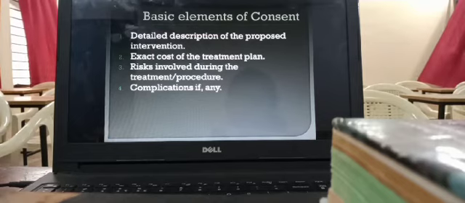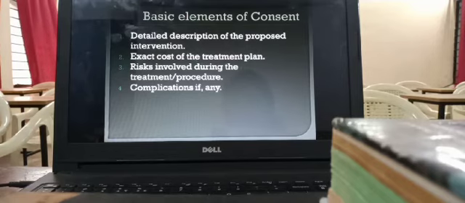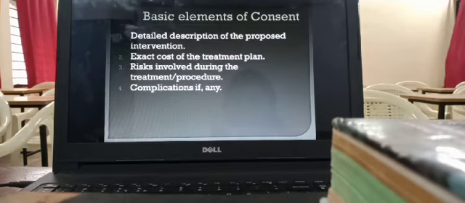Fourth, complications, if any. For example, a patient with a fracture who undergoes ORIF implantation or any implantation or screw fixation will have future complications like back pain.